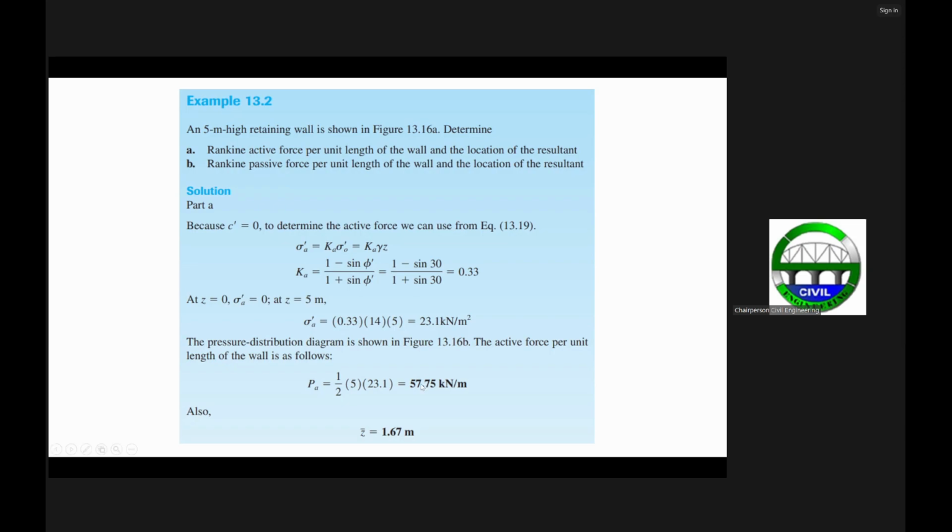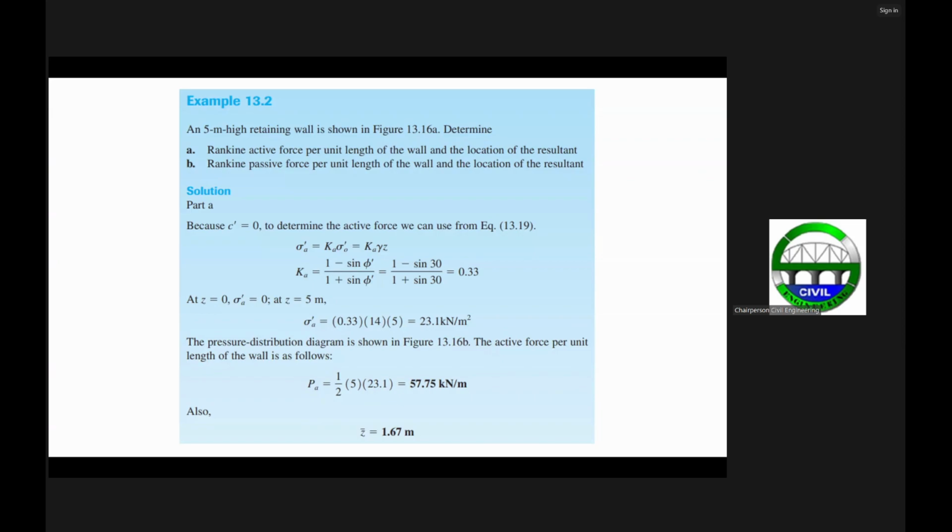For part A, since the effective cohesion is zero, we can use this equation for the active earth pressure, which is equal to the active earth pressure coefficient times the overburden pressure, which is the unit weight times the depth, z.